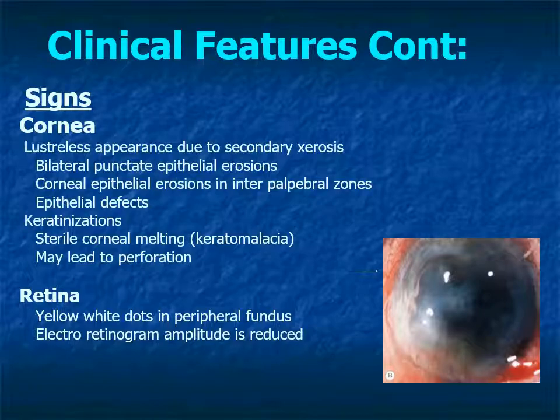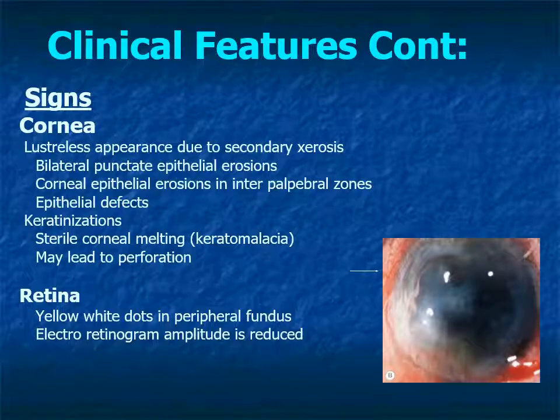And fundoscopy reveals the retina having yellow white dots in the peripheral fundus. You must consider the differential diagnosis with Oguchi's disease, where similar yellow white dots are present in the peripheral fundus, but they are congenital and stationary.